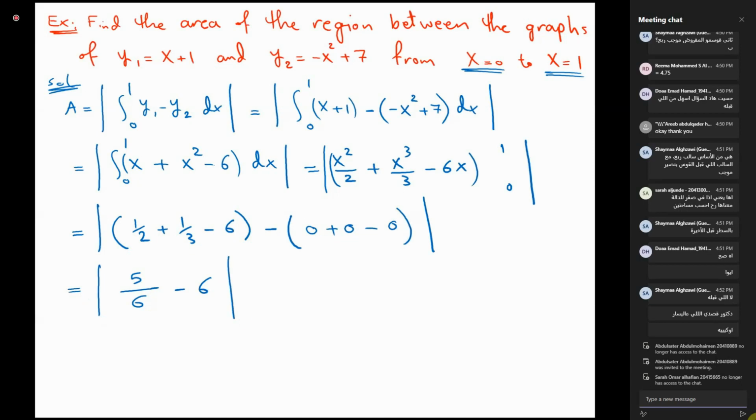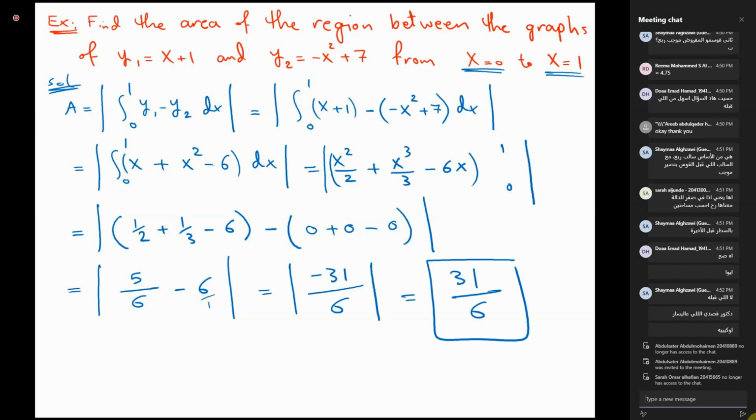With absolute value we have 5 minus 36 over 6, minus 31, with absolute value we have 31 over 6. This is the area between two curves from 0 to 1. Okay, any question?